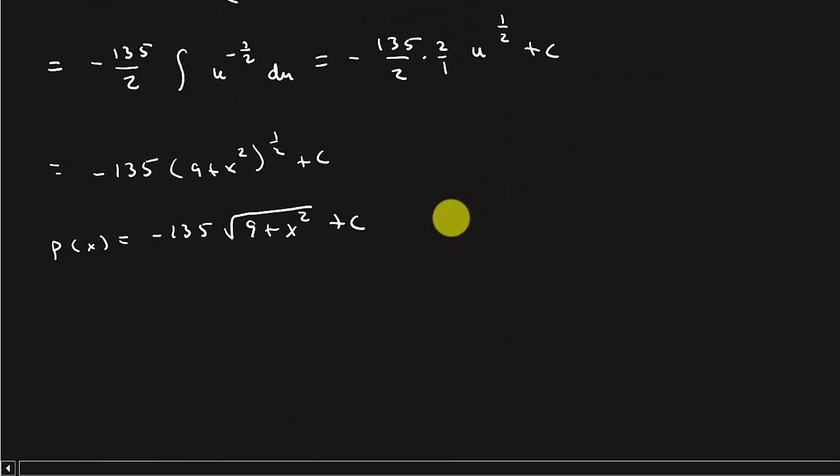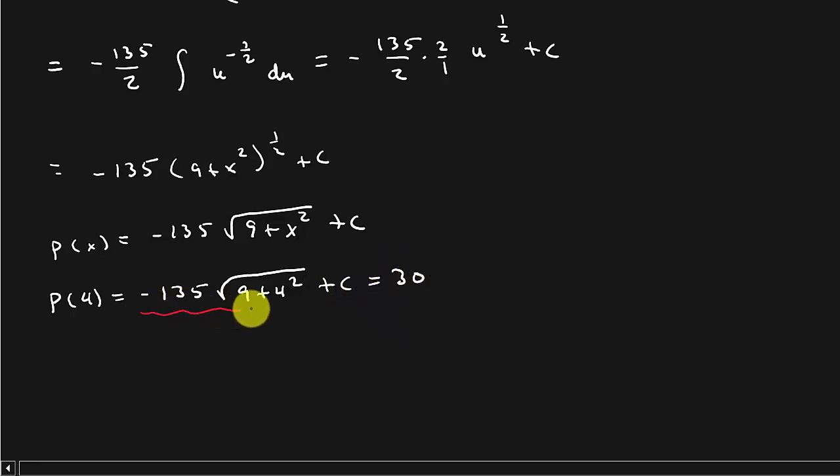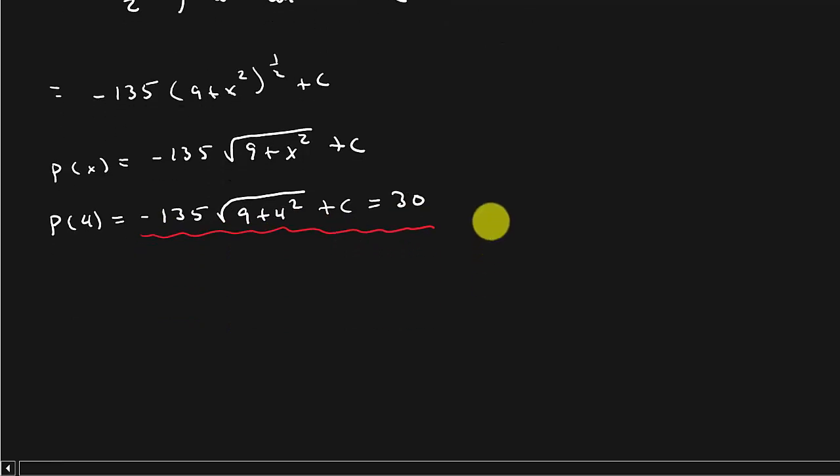So what this is saying is that p of 4 is equal to negative 135 times the square root of 9 plus 4 squared plus c, and that should give us an answer of 30. And you notice here we've got an equation we can solve.